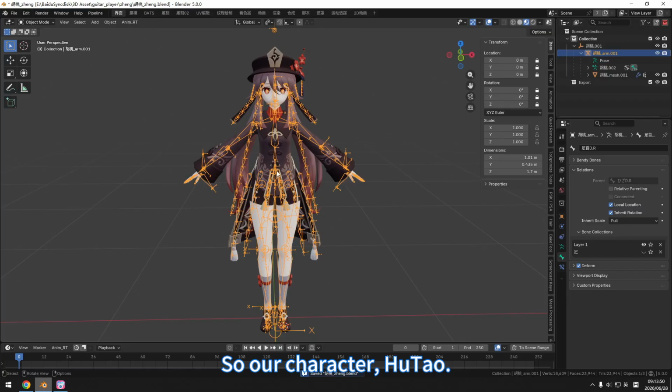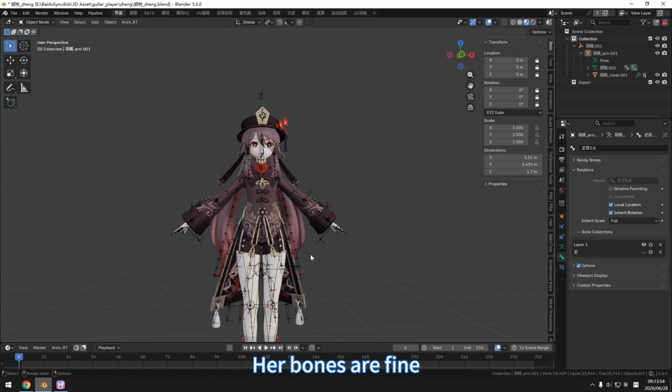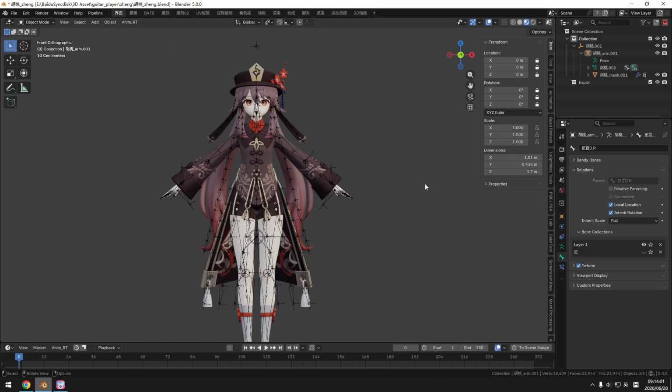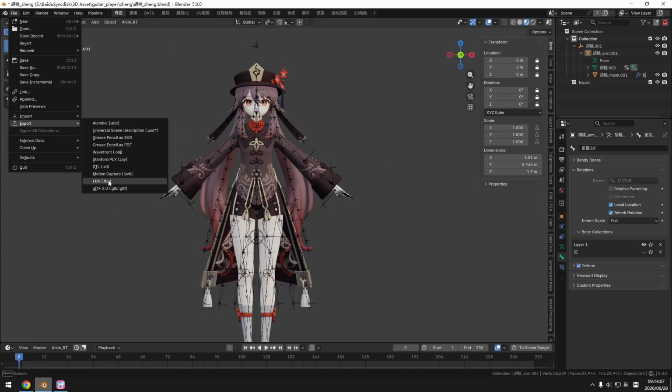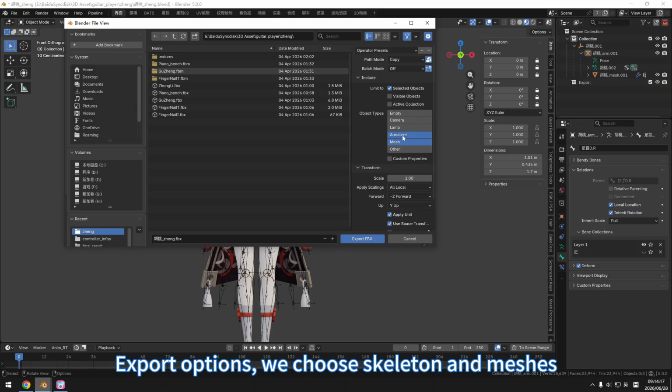So, our character, Hudao, her bones are fine. We can actually export it. Export options.